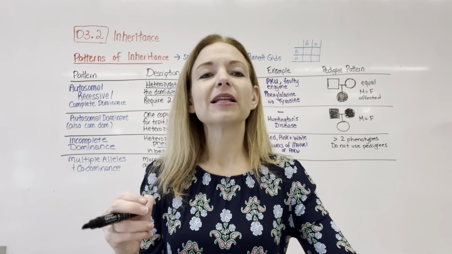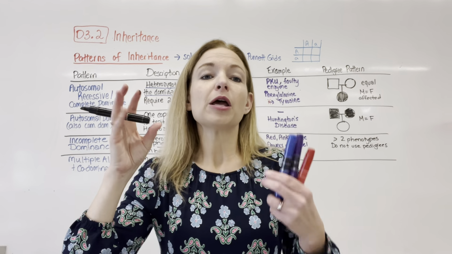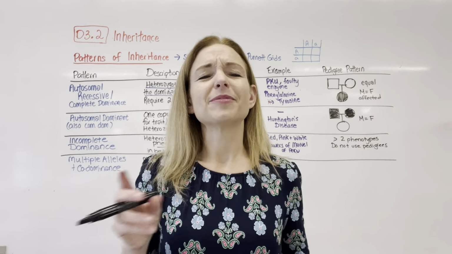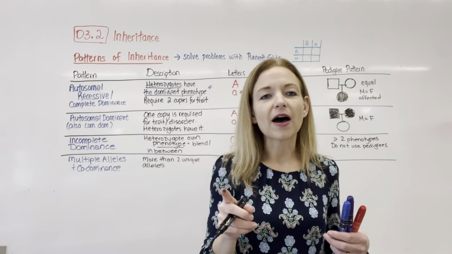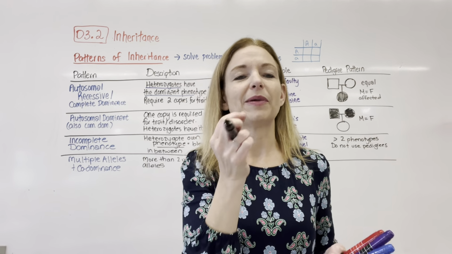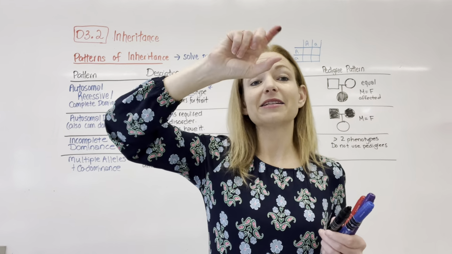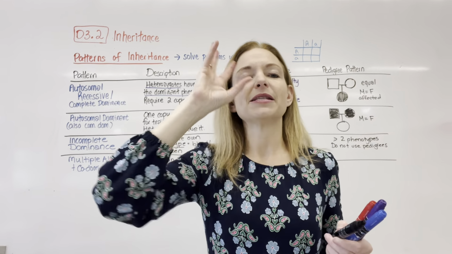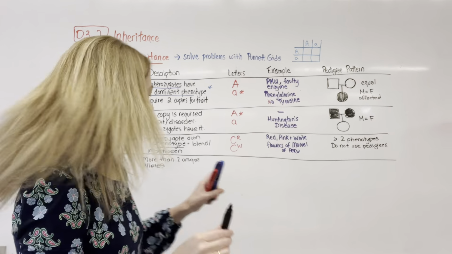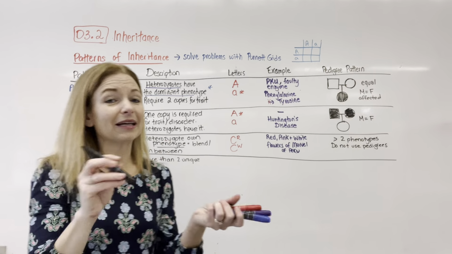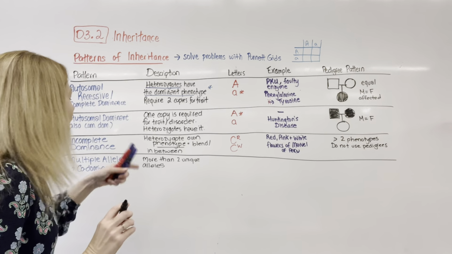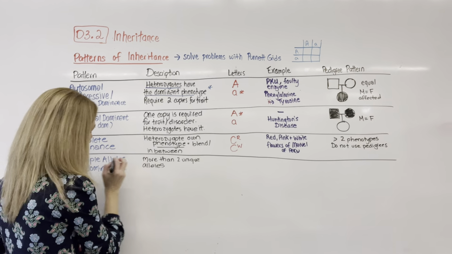So if it's multiple alleles, it means it's multiple different protein impacts. So that's just a little bit of a thing to clarify, is that same allele doesn't actually mean it has to be the same DNA-based difference, but it means the protein impact is the same. So more than 2 unique alleles is what multiple alleles means.